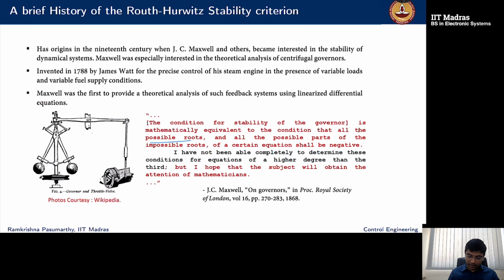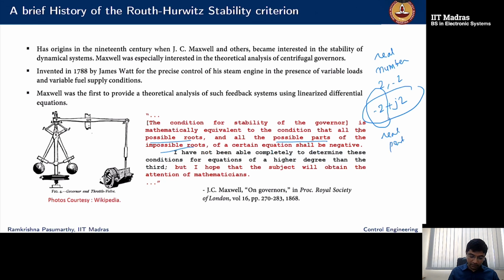possible roots and the possible parts of the impossible roots. Okay, possible roots. There was no formal notion maybe of complex numbers in those days. Possible roots for all these real numbers. Okay, so this could be 2, minus 2, and so on. And then he talked about the possible parts of the impossible roots. Say minus 2 plus j2 was an impossible root, but then there was a possible part, which we now know as the real part.